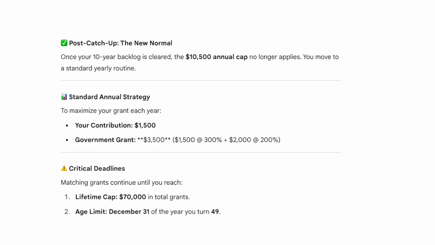Or in other words, the $1,500 is broken into $500 at 300% and $1,000 at 200%. This continues every year until you either reach the $70,000 lifetime grant limit or reach December 31st of the year you turn 49, at which point the government stops providing matching grants entirely.